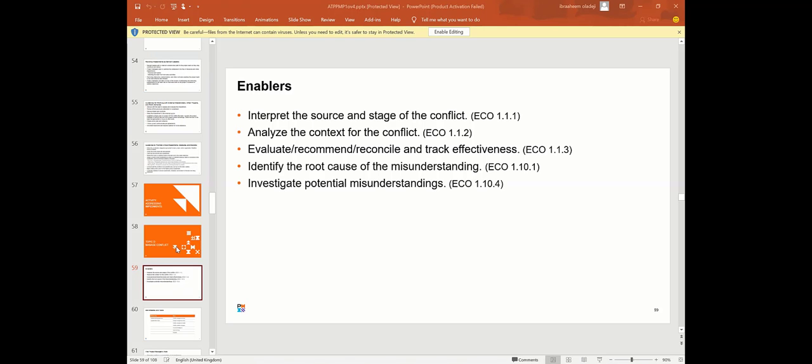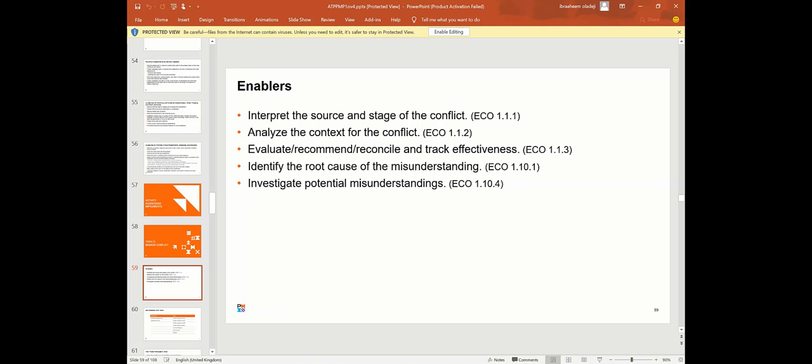So all of those first four enablers, you are using them for conflicts that have happened, and you're also using them for potential conflicts that have not happened.